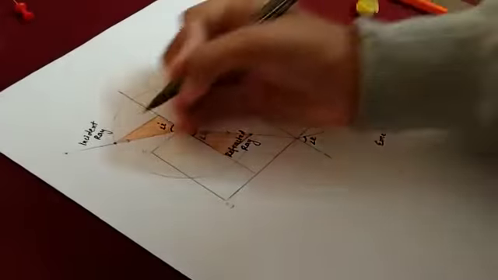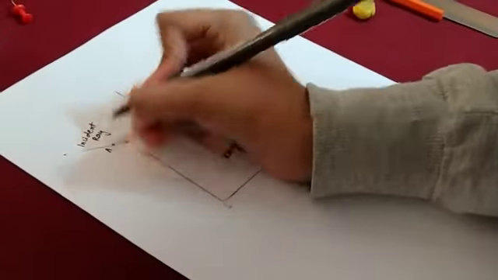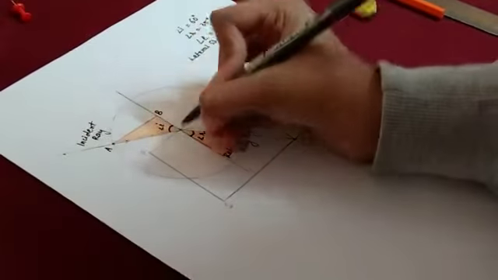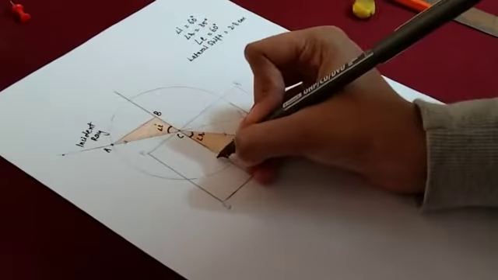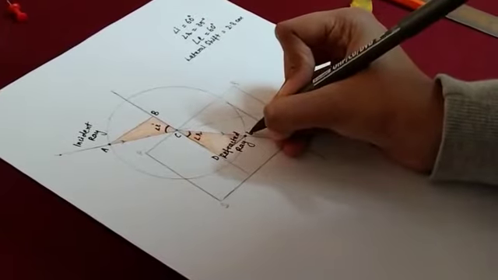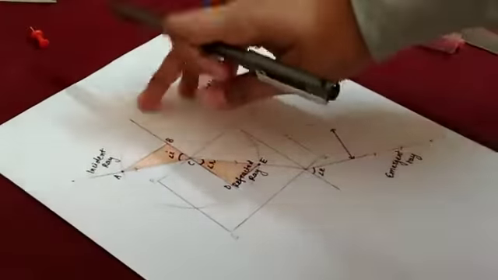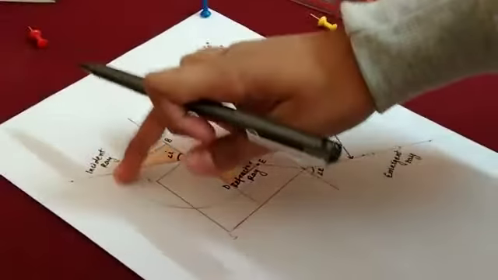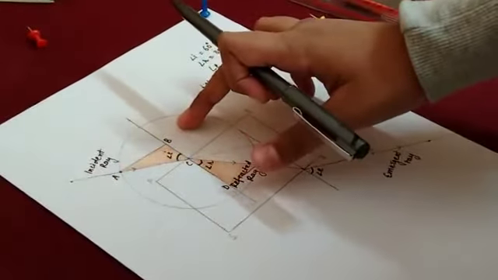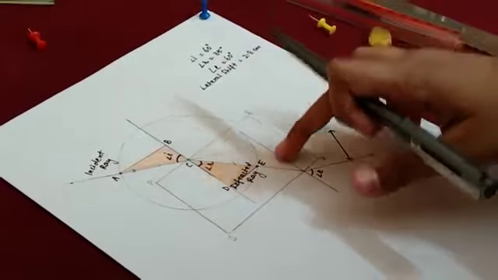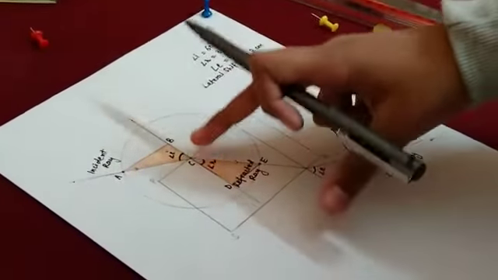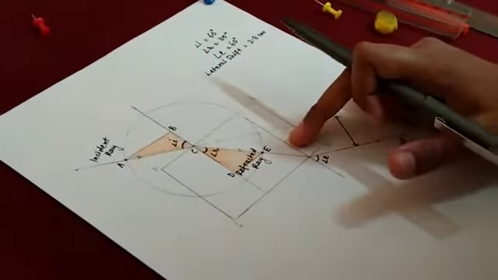Now let us name these triangles as A, B, C, D and E. Now since I have drawn AB perpendicular to the normal, triangle ABC is a right angle triangle. Similarly, since I have drawn ED perpendicular to the normal, triangle CDE is again a right angle triangle.